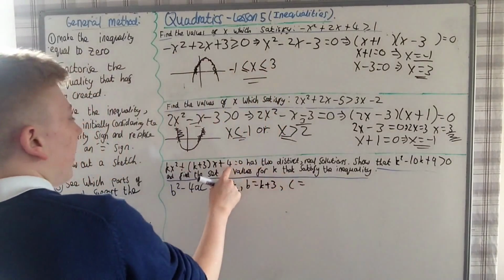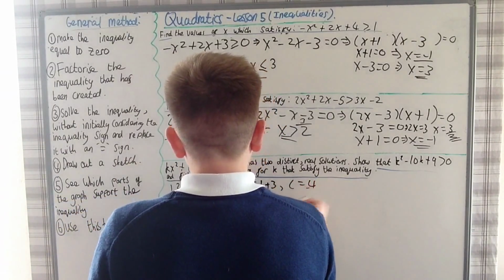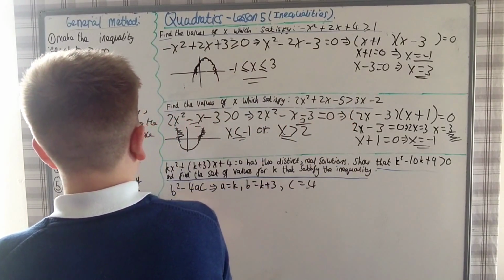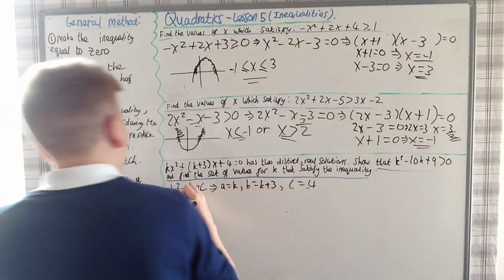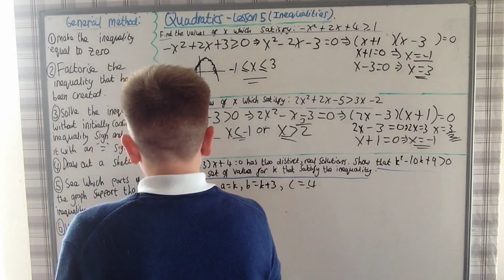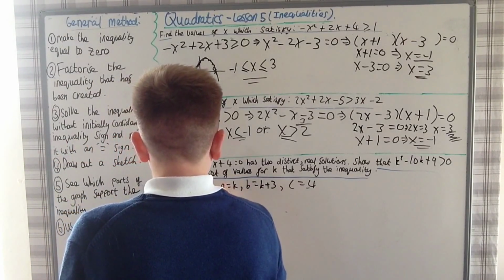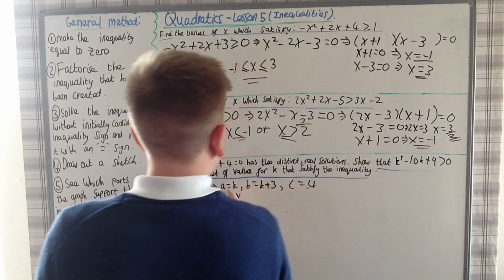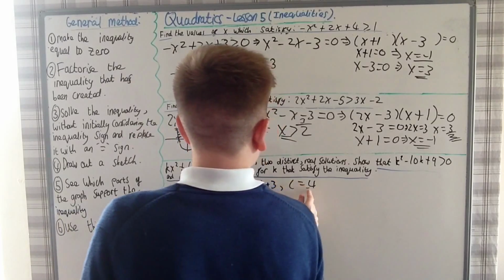And our c value is just 4. So we can now think about substituting these values in. Well, b squared, k plus 3 squared, is going to give us a quadratic minus 4 multiplied by our a value, k, multiplied by our c value, 4.